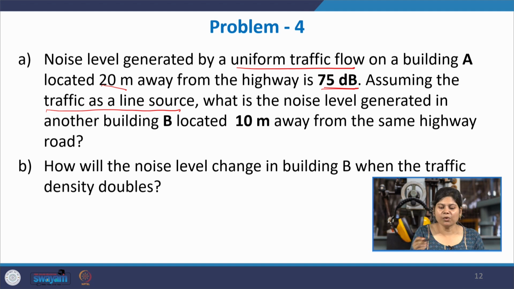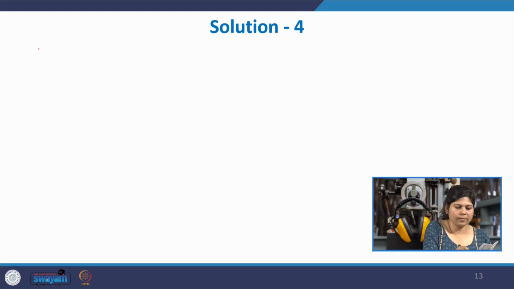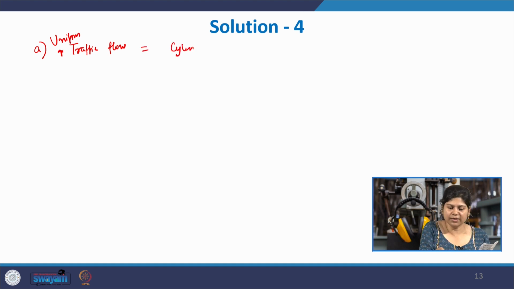Now, first of all you have to find the noise level that this traffic will generate in another building B, which is located 10 meters away from the same highway road. So, let us first solve part A of this problem. Here the uniform traffic flow is treated as a cylindrical source.